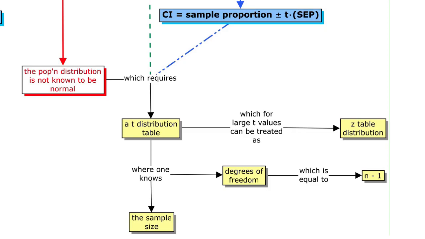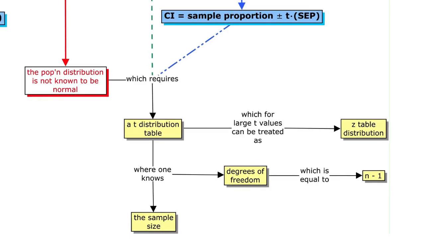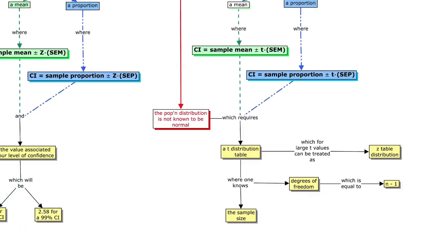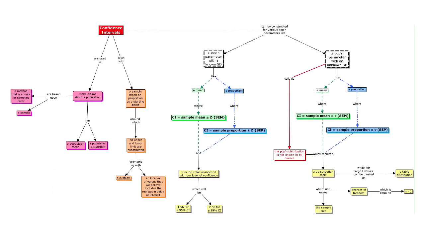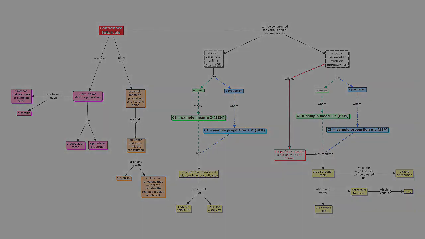This is just the z value when we're constructing a 95% confidence interval where the standard deviation of the population is known. Similarly, if our t value is particularly large and we wish to construct a 99% confidence interval, we can use a value of 2.58 as our value of t. And this ends my reading of my concept map for confidence intervals.